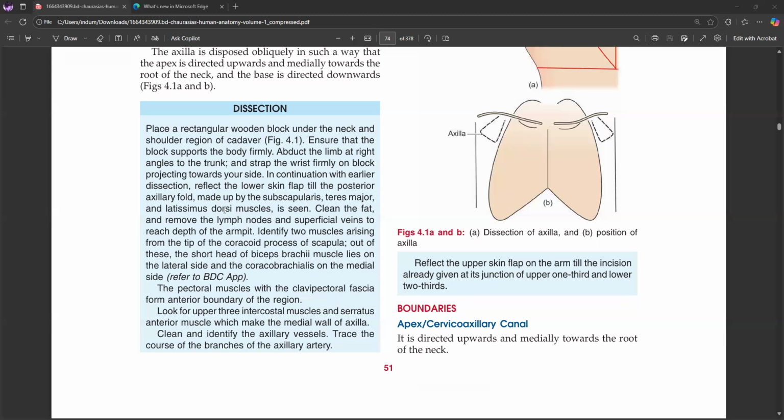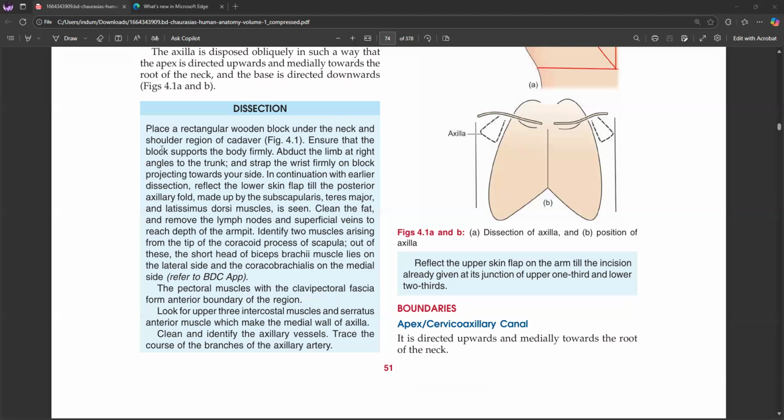Clean and identify the axillary vessels. Trace the course of the branches of the axillary artery. Reflect the upper skin flap on the arm till the incision already given at the junction of upper 1/3 and lower 2/3.